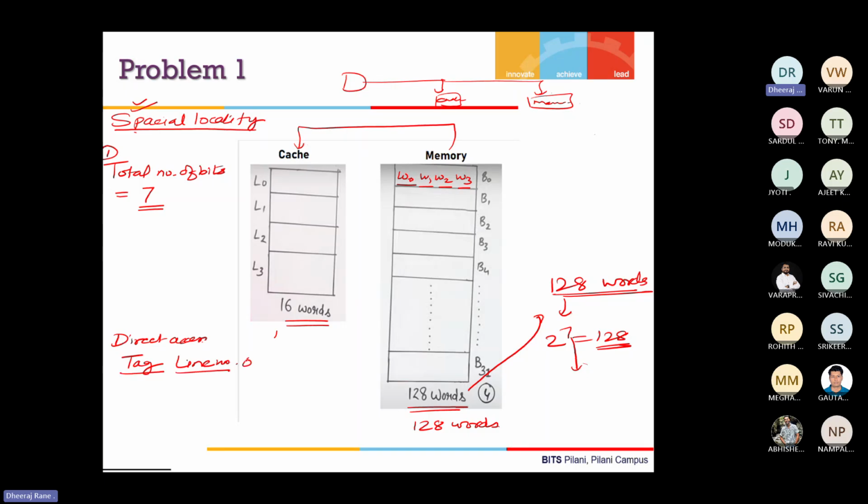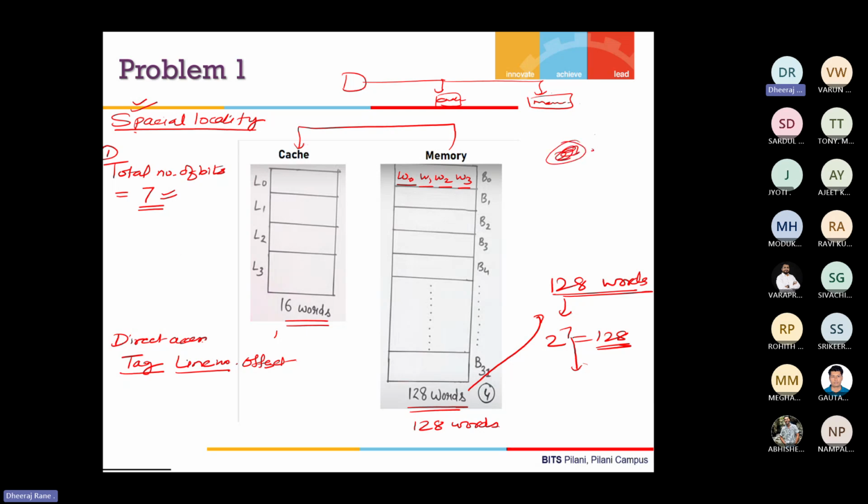And finally, the offset will be there, right? Direct access means if we have to refer to the memory, definitely this 2 to the power 7, 7 bits will be required.